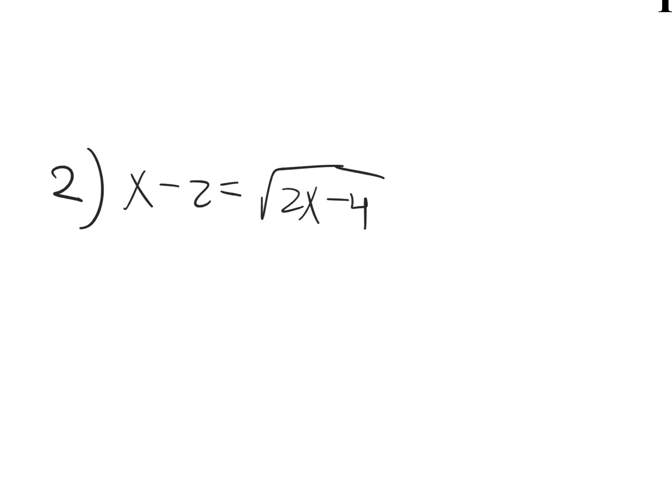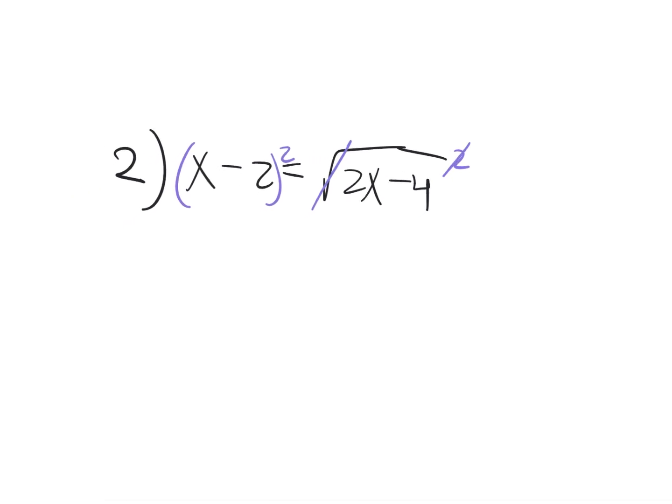Yeah, so we can do what to both sides? Square. Right, we want to square. The opposite of square rooting something is squaring. So then the square root and the square cancel out. And we get x minus 2 times x minus 2 equals 2x minus 4.